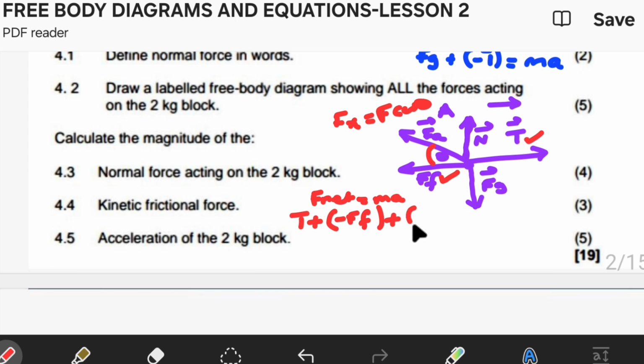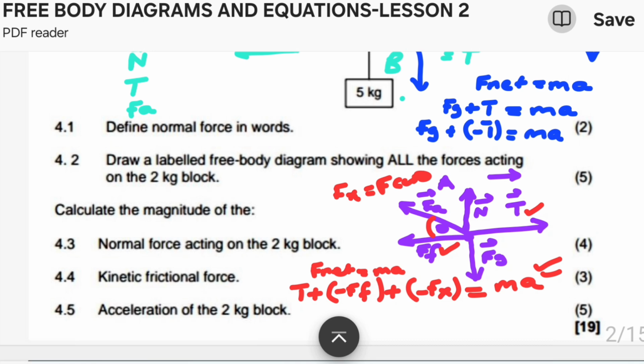This should be equivalent to mass times acceleration, just like that. These are the 2 equations of motion, you can see how we do this, right? Maybe let me come with other examples on how to formulate the equations of motion.